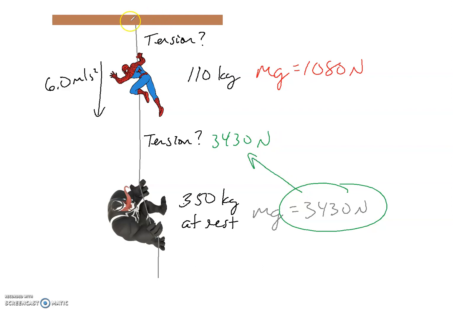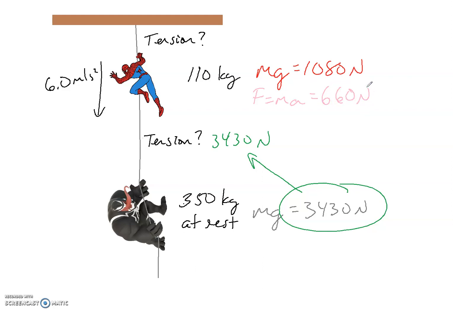Now for the one up here, it's a little bit more complicated because Spider-Man isn't at rest, he's actually accelerating. So let's see what we can do with that. If we do F equals ma, we can find out how much force is actually being used to slide him down the web. So I do F equals ma for Spider-Man. We've got a mass of 110, we've got an acceleration of 6, so that would give us a net force of 660 newtons.